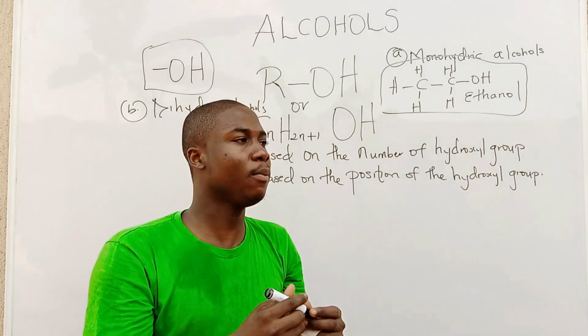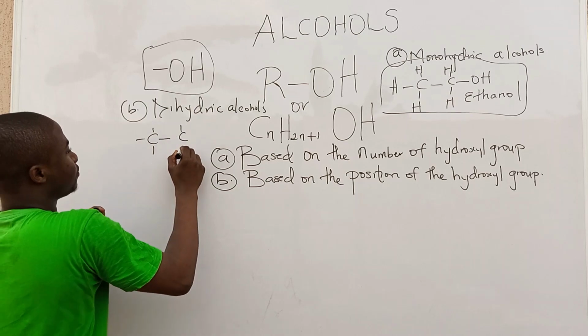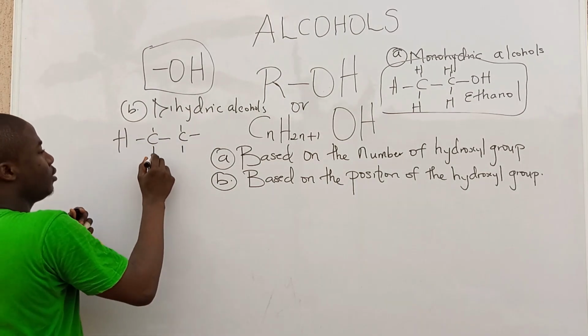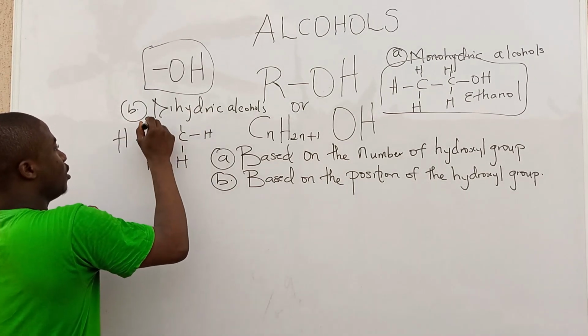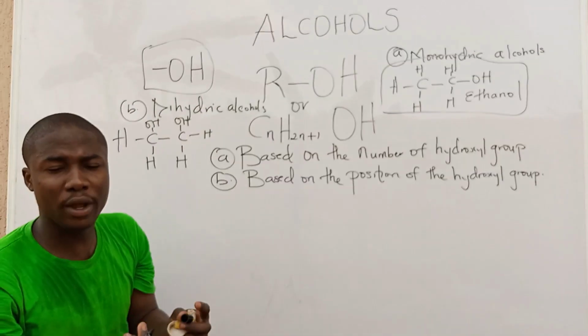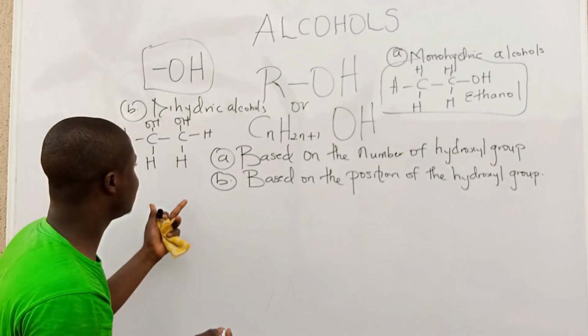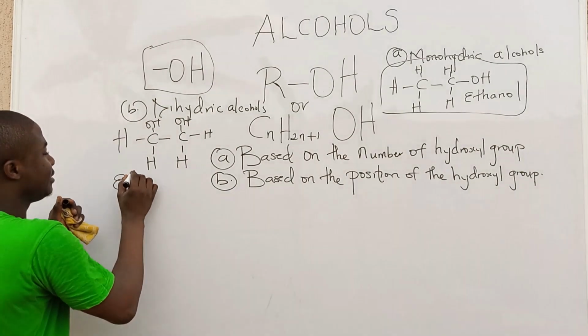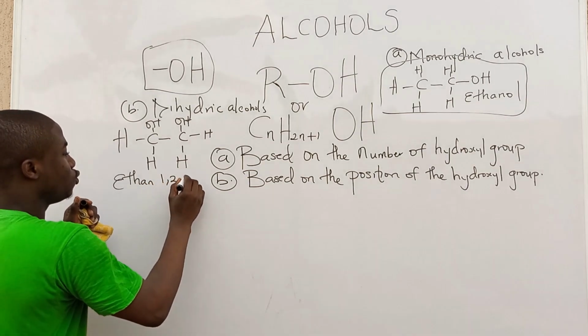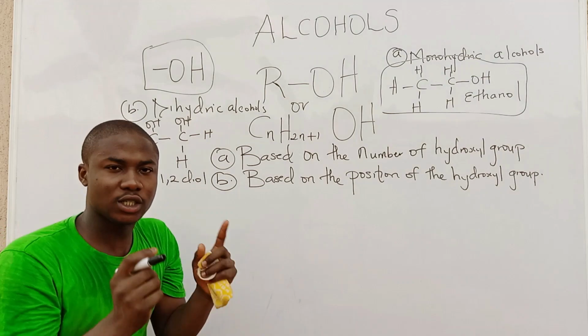Example, we see the likes of this: H, H, H, H, OH, OH. You can see that this compound has two OH, so it is regarded as dihydric. And the name of this compound is ethane-1,2-diol, because it has two OH in the compound.